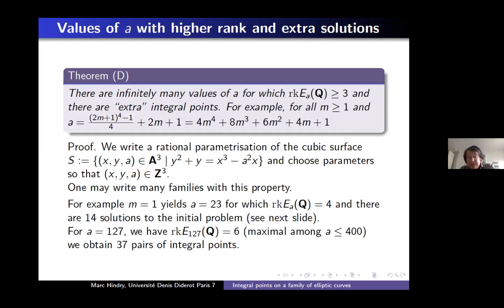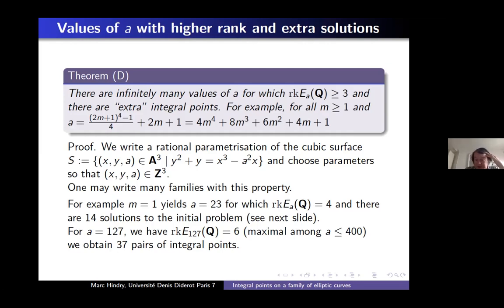There we did a computer search, and we found that the rank is 4. And there are 14 solutions to the initial problem, so 17 pairs of integral points, 3 of them trivial. That's one example. I will give the full list in the next slide.